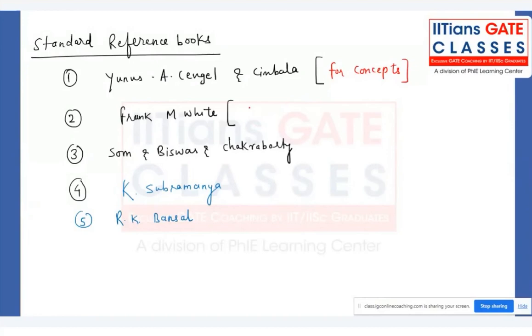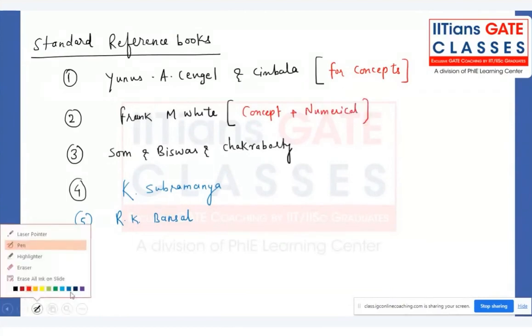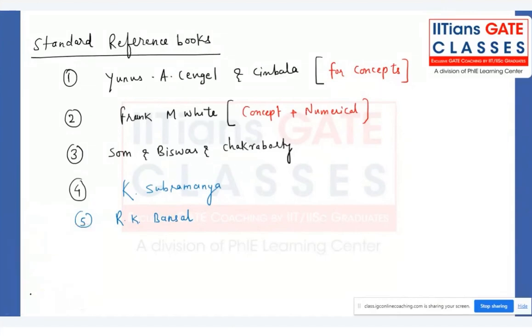FM White, that is concept plus numerical. And believe me, after my classes, if you read fluid mechanics, you will enjoy reading this particular book like anything, because FM White covers the beauty of fluid mechanics.